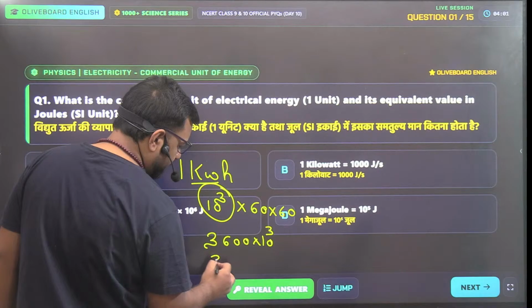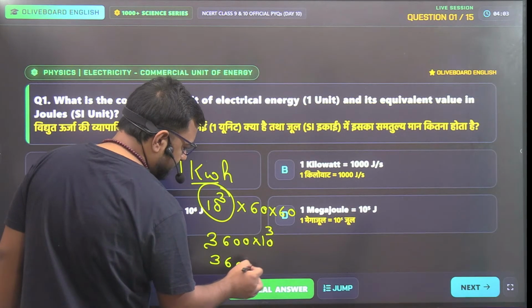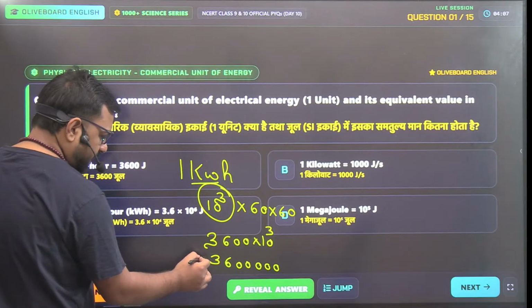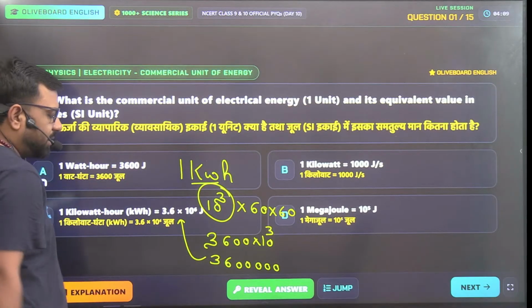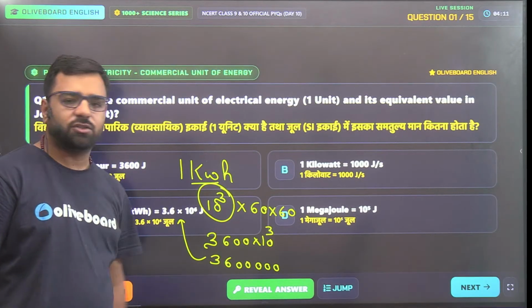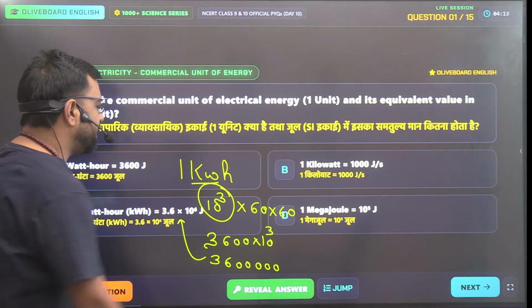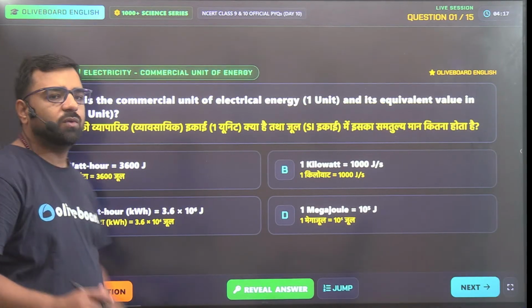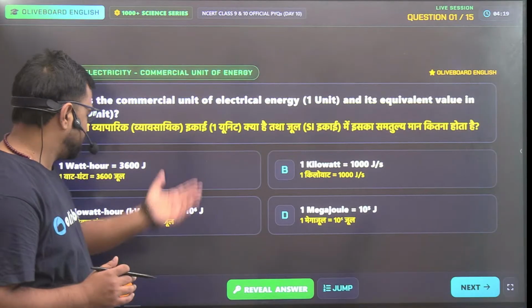So it is becoming 36 followed by 5 zeros. Now if I try to write it, it can be written as 3.6 into 10 to the power 6 joules, isn't it? So yes, you need to clear your basics first, and one single unit is equal to 1 kilowatt hour. So absolutely correct.